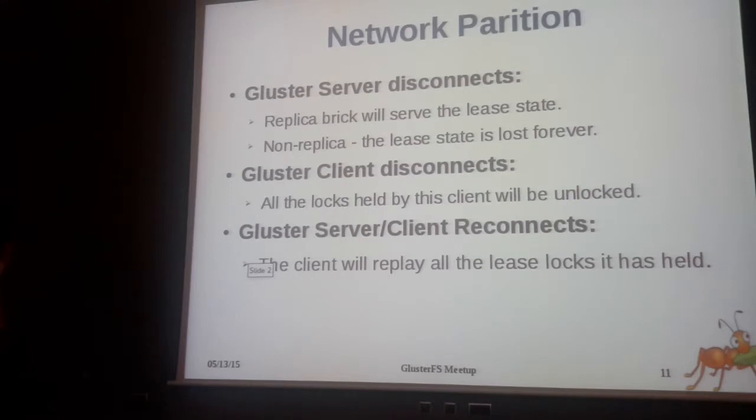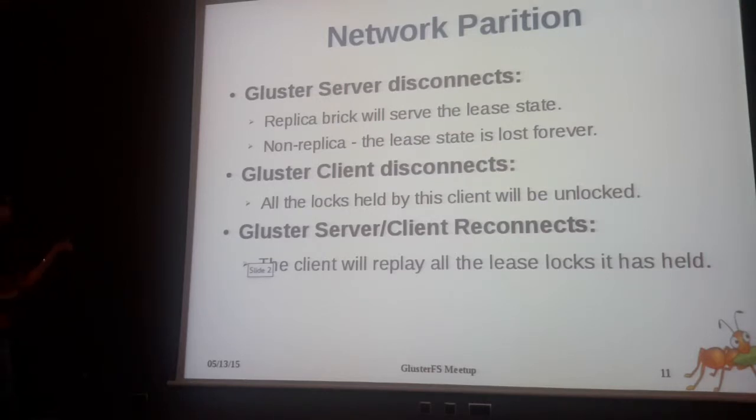What happens in case of network partitions? When the server disconnects and is in an irrecoverable state, that means it does not reconnect within the reconnect timer period, a replica will have the lease state and will serve the lease state. But in case of non-replica, the lease state is lost forever. What happens in case of client disconnects is that the server will flush the locks held by the client.